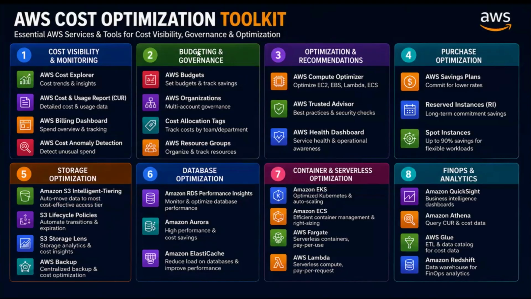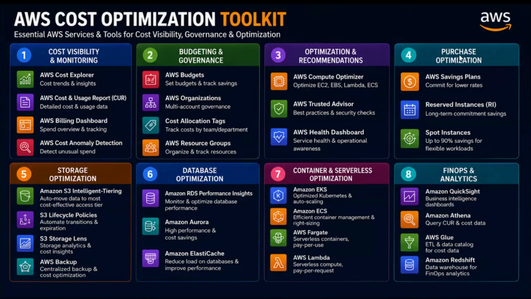In the budgeting and governance section, you will mostly use AWS Budgets, AWS Organizations, cost allocation tags, and AWS Resource Groups. Then optimization and recommendations, which are also automated recommendation tools: AWS Compute Optimizer, AWS Trusted Advisor, and AWS Health Dashboard. These tools help you with recommendations for cost optimization.